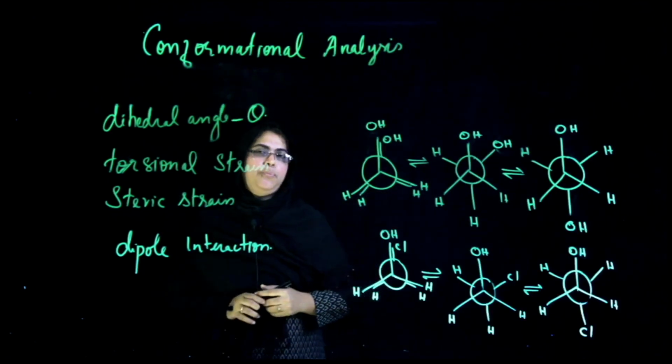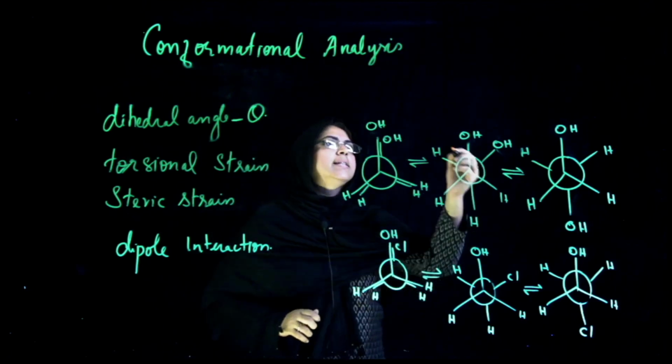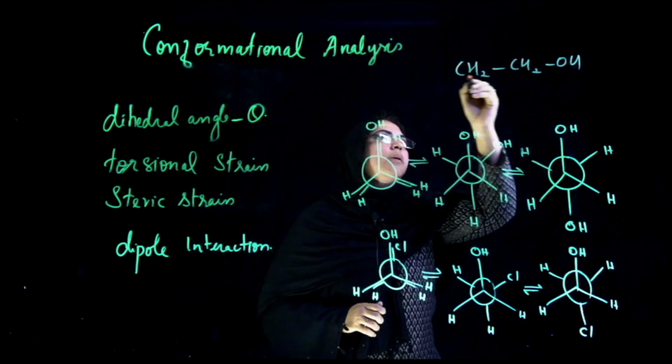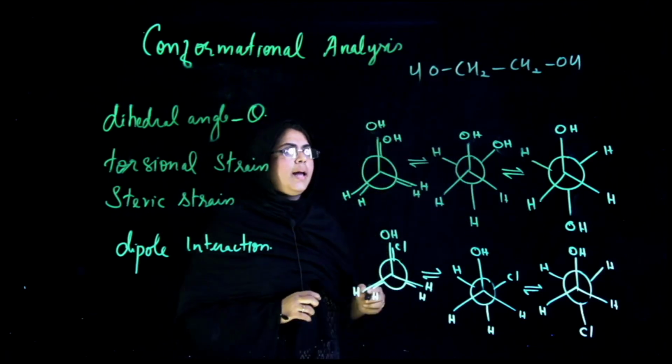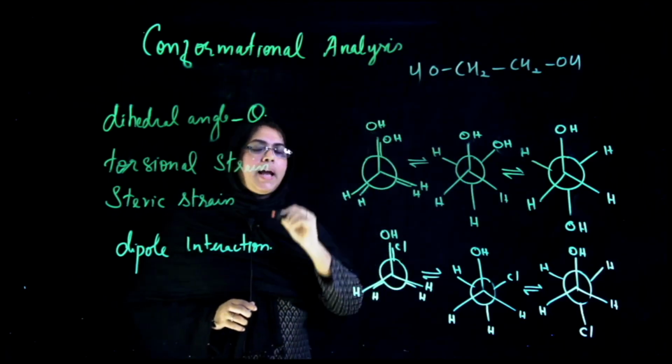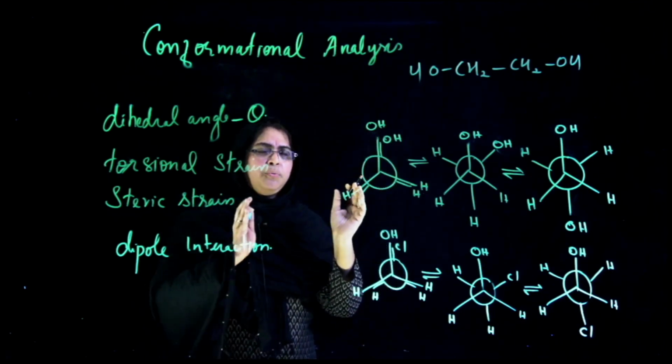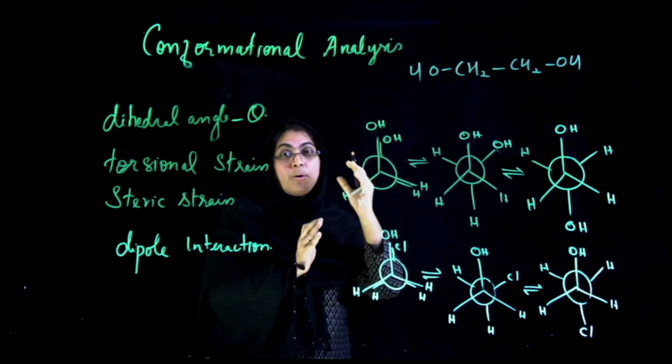Another example for substituted ethane is ethylene glycol. See, this is an eclipsed conformation where the two OH are very close to each other, as I have already told.